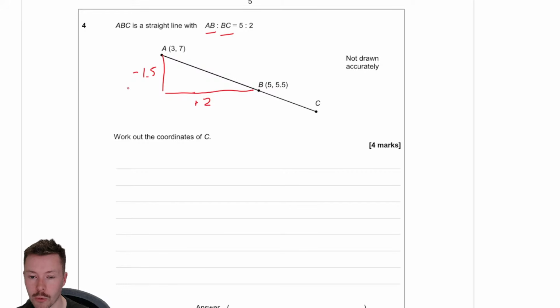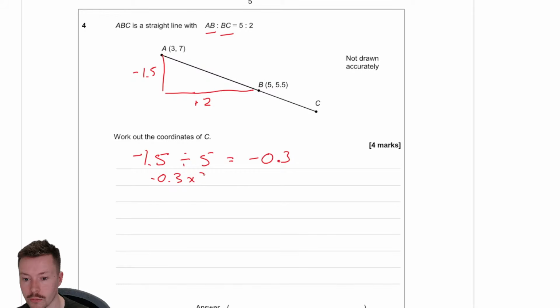So minus 1.5 divided by 5 is minus 0.3, and then minus 0.3 times 2 is minus 0.6. So you're going to go down 0.6.